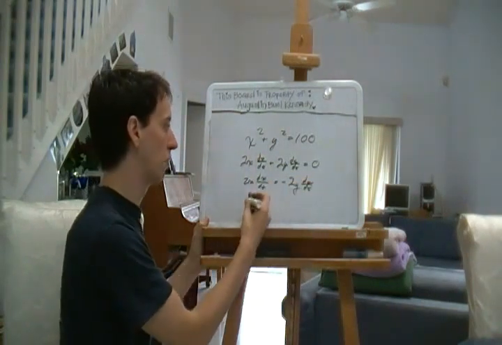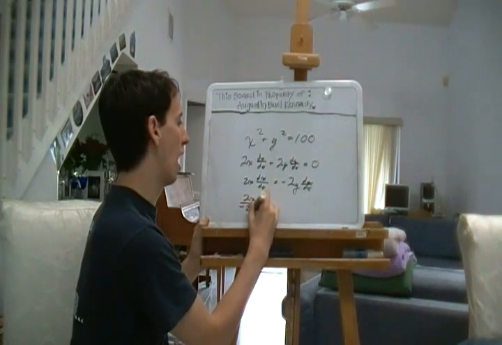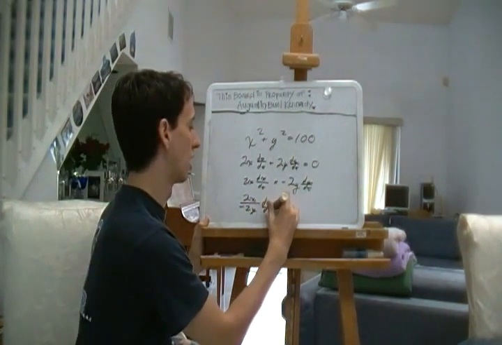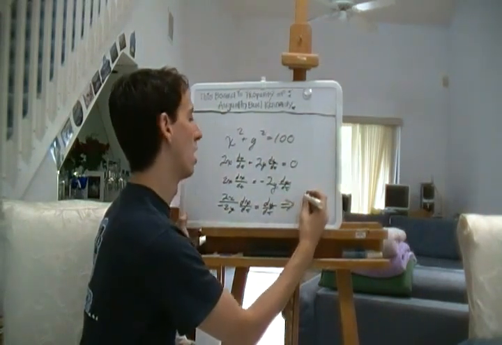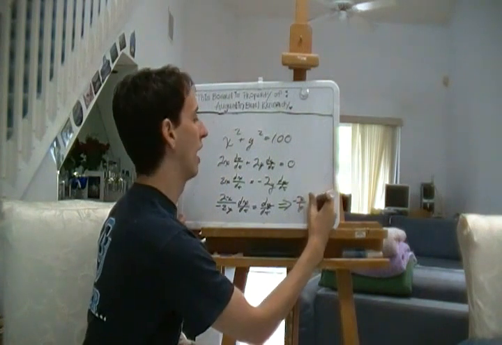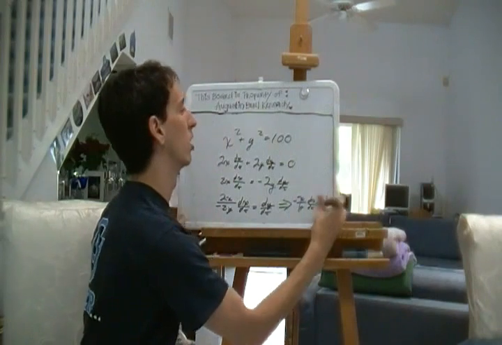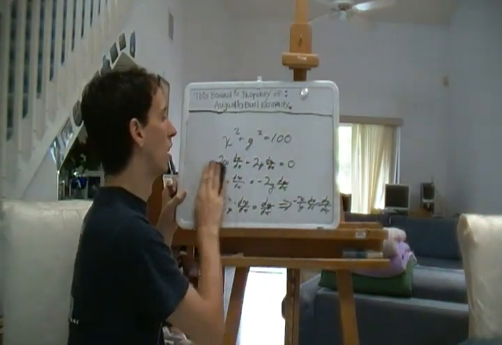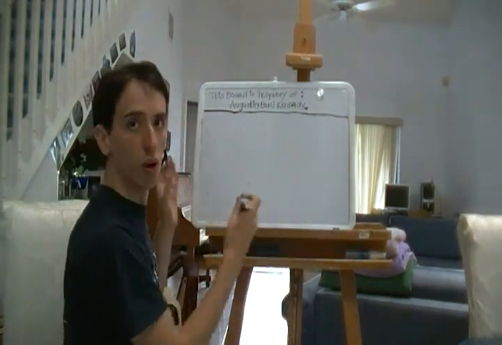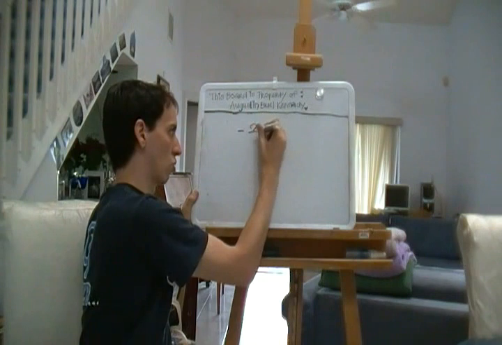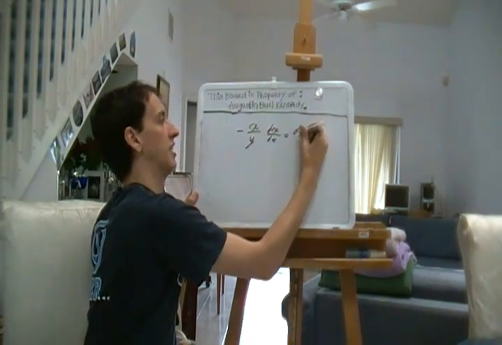Now we're going to divide by 2y, and we get 2x over negative 2y times dx/dt equals dy/dt, or more simply, negative x over y times dx/dt equals dy/dt. I'm going to erase this and write that up there. I hope you could follow those steps.